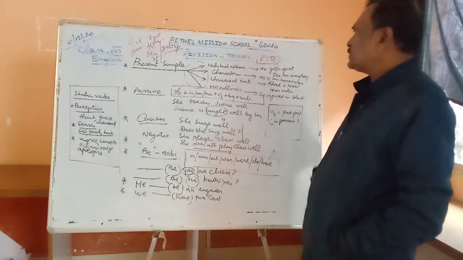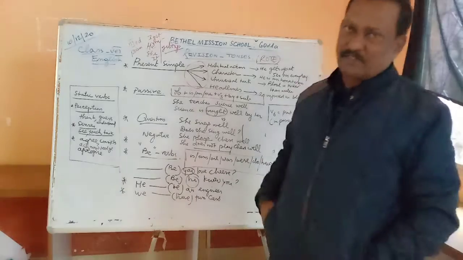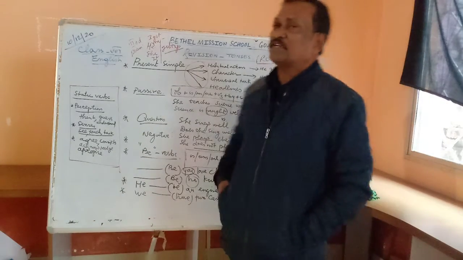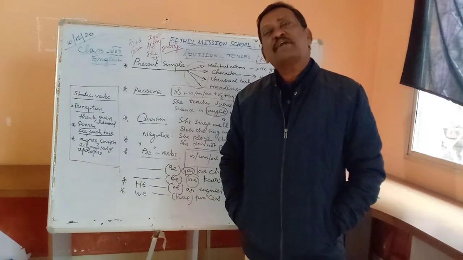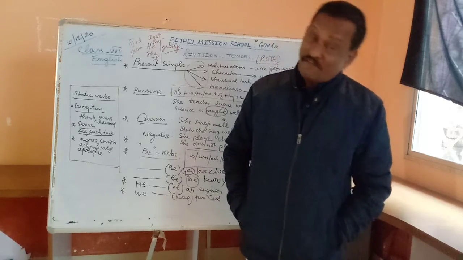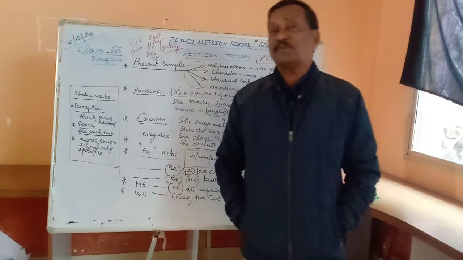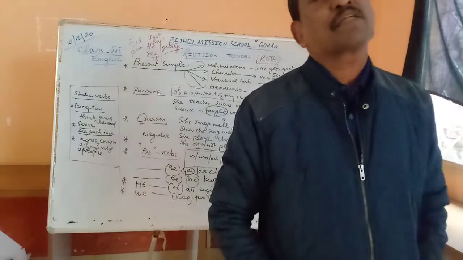Right? So, whatever you do on a daily basis, coming back to where I started, you visit your uncle every Sunday. I visit my uncle every Sunday. Or my father visits. Take note of that. My father visits my uncle every Sunday.